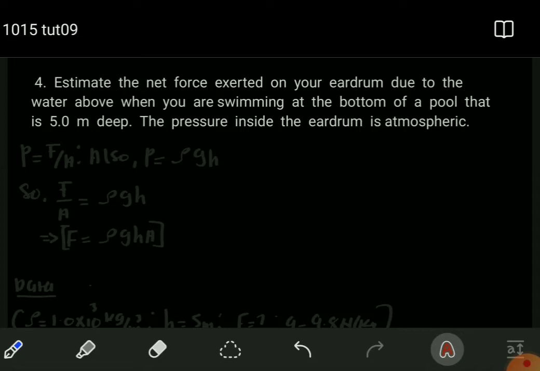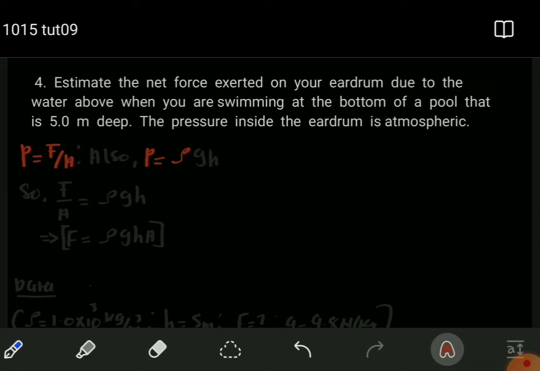So how do you find this force? First, because we're dealing with pressure at the bottom of that pool, we consider the expression for pressure, which is P equals force over area. This will help us obtain the force, but also because this eardrum is 5 meters below the surface, we need to consider the depth and the density of the liquid as well as gravity.